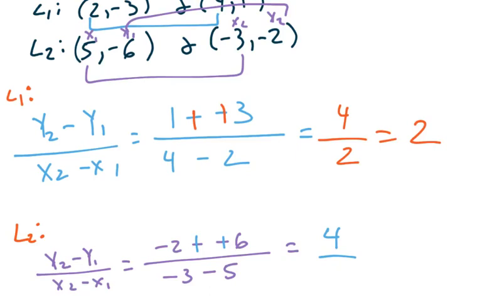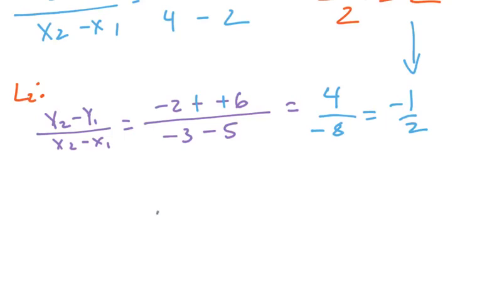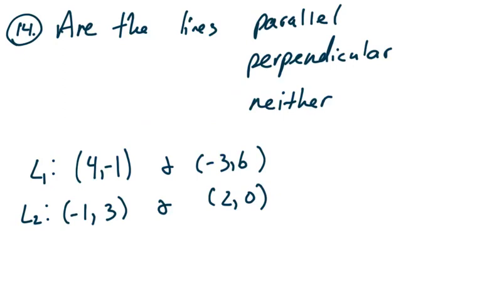Negative 3 minus 5 is negative 8, and this becomes negative 1/2. So what happened here is that we changed the sign, and we flipped, and when that happened, we know that the lines are perpendicular. That makes sense.